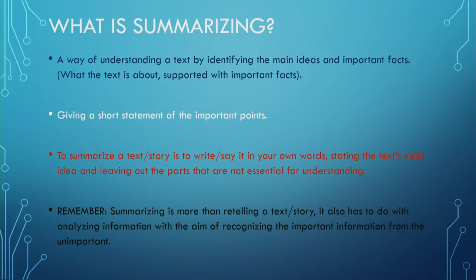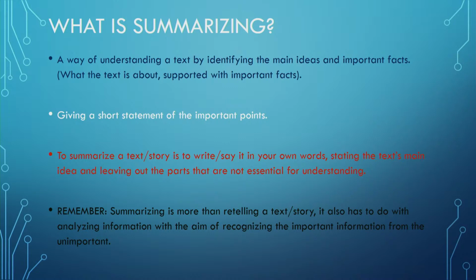Now, I have different definitions here defining the word summarizing. The first one says, summarizing is a way of understanding a text by identifying the main ideas and important facts. In other words, it is what the text is about, supported with important facts.